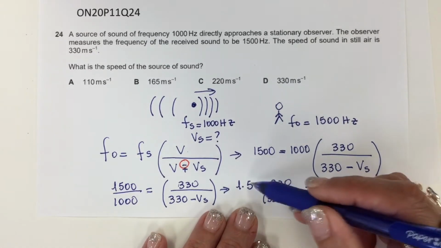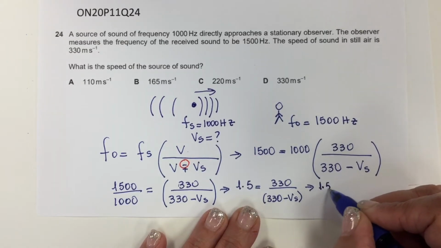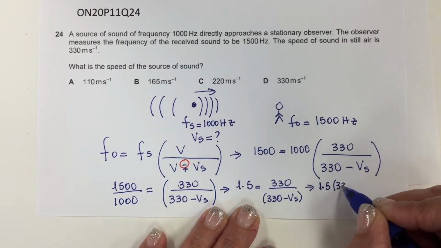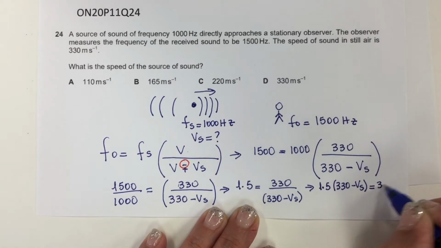So now doing cross multiplication here, 1.5 times (330 minus Vs) is equal to 330.